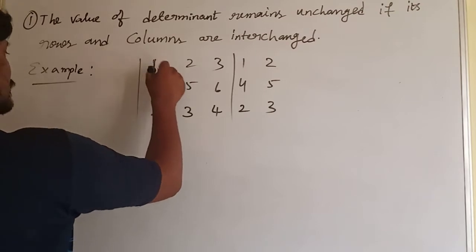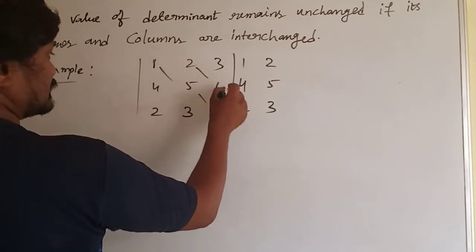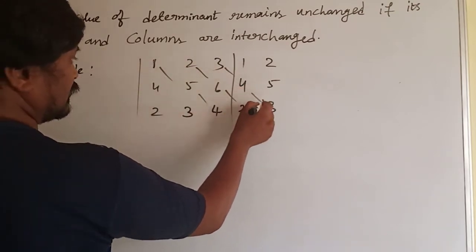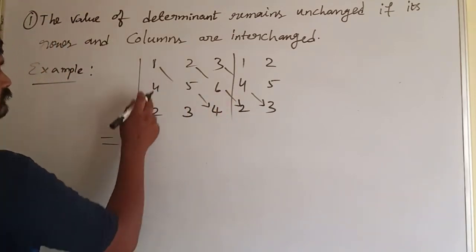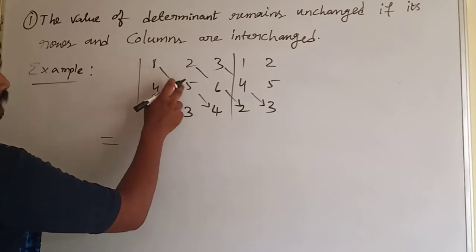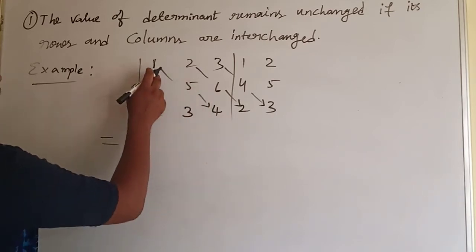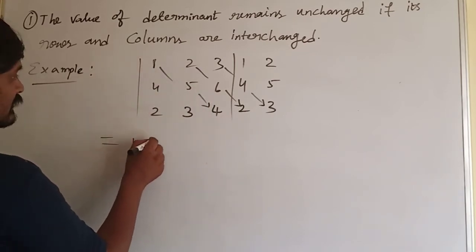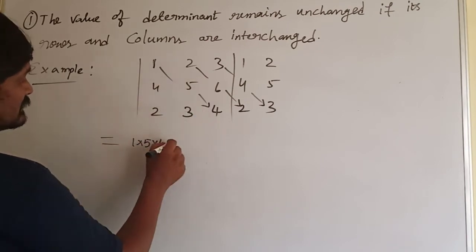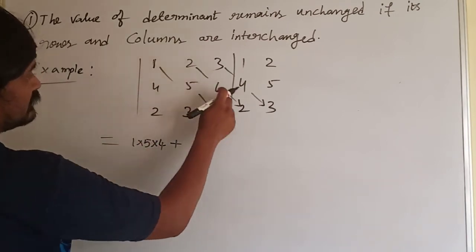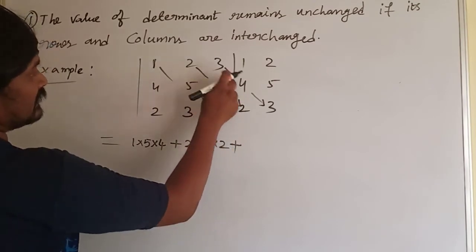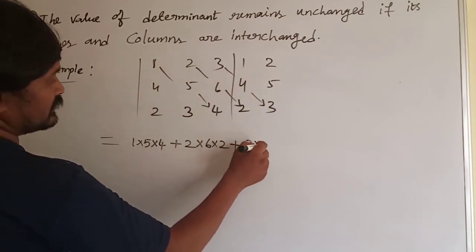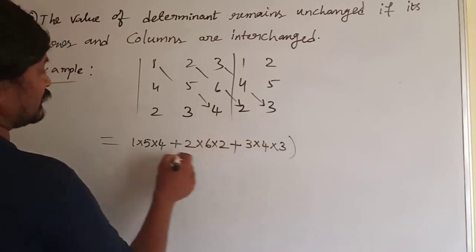According to Sarrus' diagram, first diagonal, second diagonal, third diagonal. So write down 1, 5, 4. So 1 into 5 into 4 plus 2 into 6 into 2 plus 3 into 4 into 3 according to Sarrus' rule.